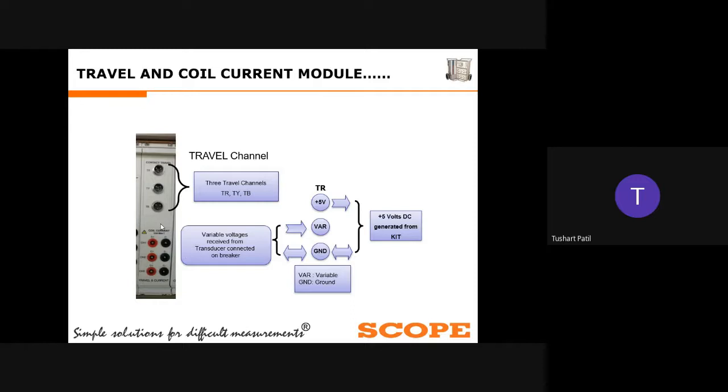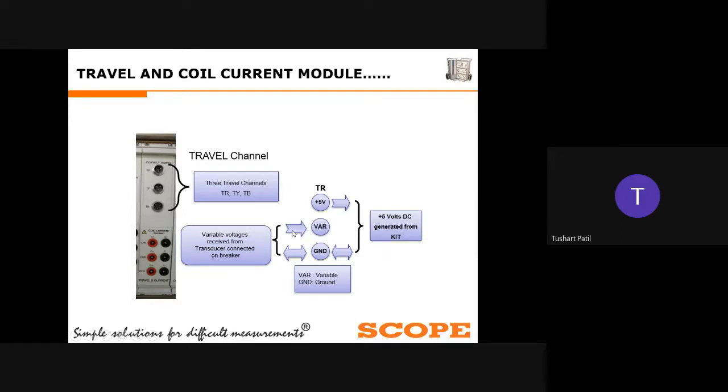Then the third card is the travel and coil current card. In that, we have provided a travel channel and coil current measurement channels. In the travel channel, we have provided 5 volt DC supply through the kit to the transducer.